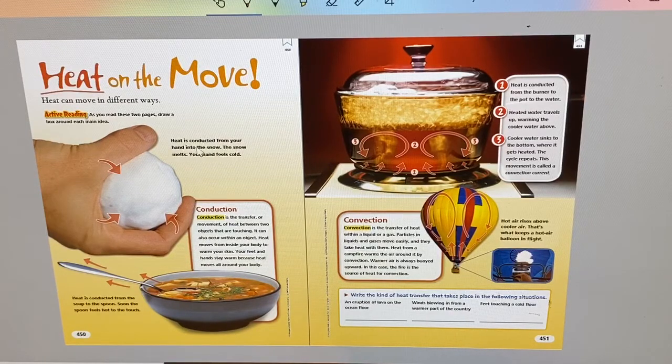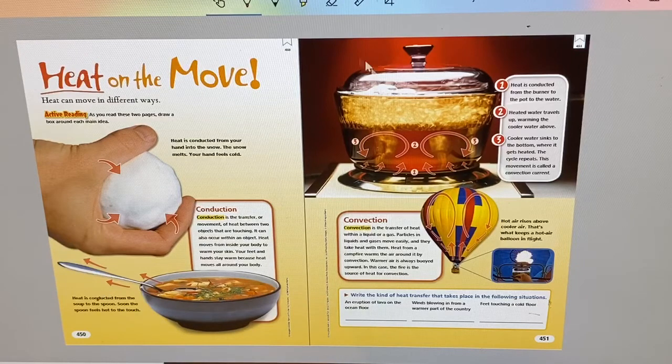So heat is conducted with the D, conducted from your hand into the snow. The snow melts, your hand feels cold. Yes, and over here, look at the spoon and the soup. Heat is conducted with the D, girls, with the D, conducted from the soup to the spoon. Soon, the spoon feels hot to touch.